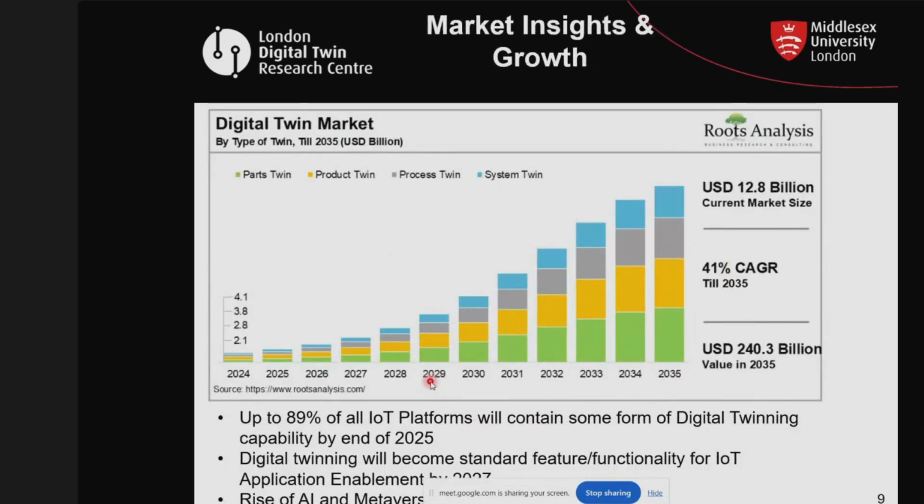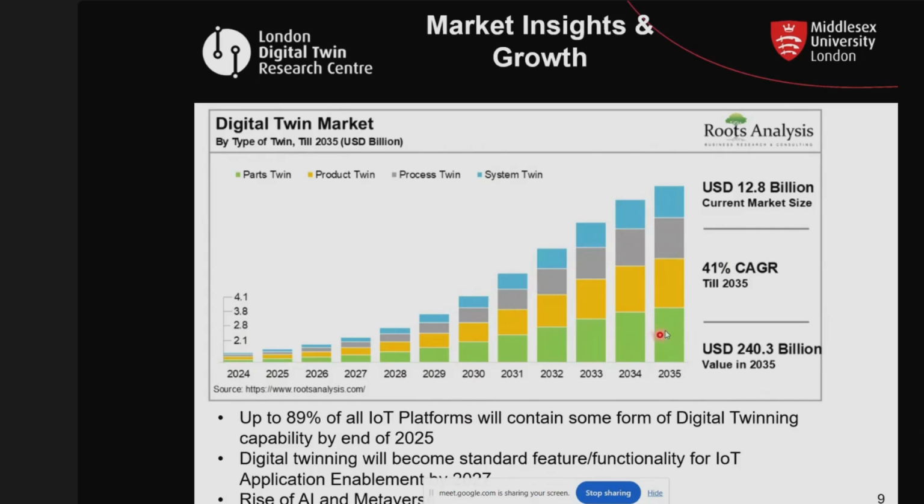Why and where is the trend going? So if you look at this trend here from 2024, and by type of the digital twin, we are looking at system twin, right? The system of systems. If you look by 2035, we can see a substantial growth over here.